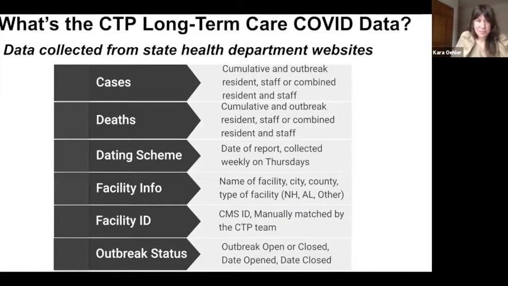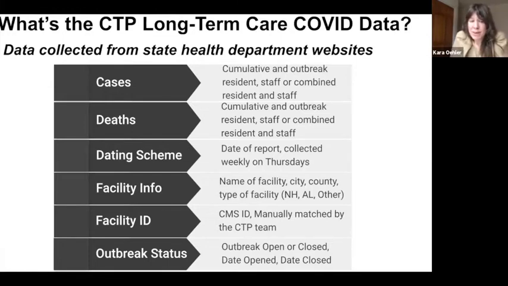Within our data set, we gather these different data points here. We have resident and staff cases, resident and staff deaths. Some states combine resident and staff together. We also gather data every Thursday and publish it on Fridays. We offer the name of the facility and location and type of facility when possible.